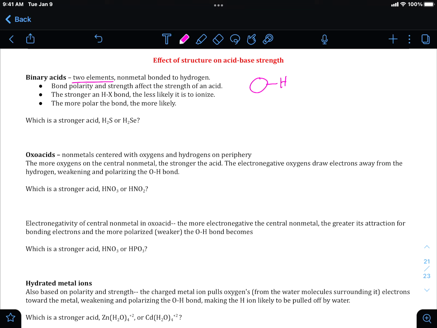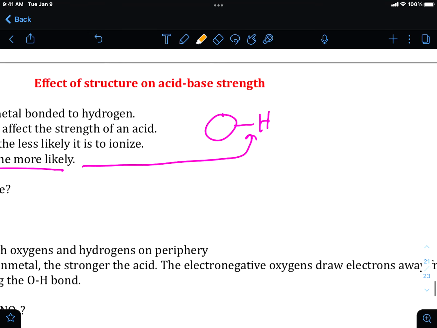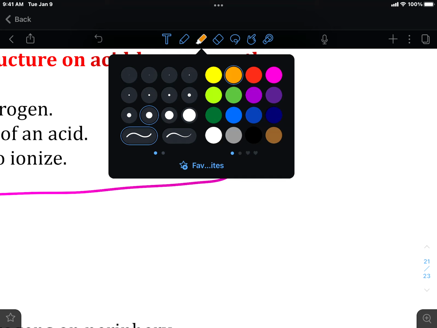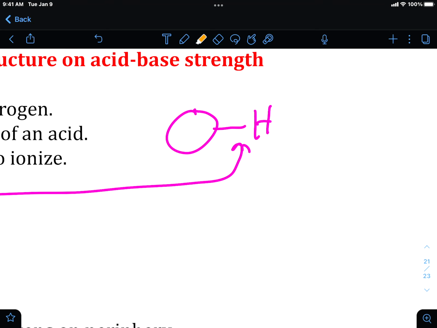And so the more polar the bond, the more likely it is to ionize. So when I say bond polarity, remember we're talking about electron distribution. Right?